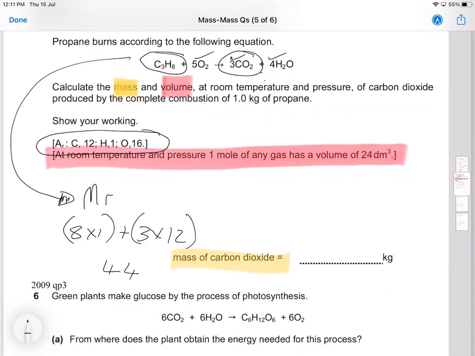And then on this side here, we have to work out the mass of carbon dioxide. So Dacho, quickly talk me through that. You would say 3 times 12 again. Correct. 3 times 12. And then you add it to 6 times 16. Correct, 6 times 16. Now, strictly speaking, that's not the molar mass.